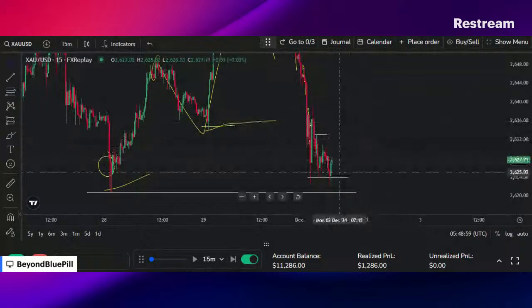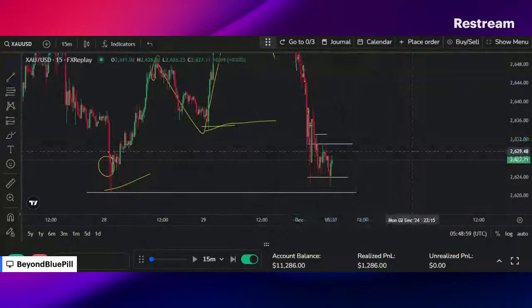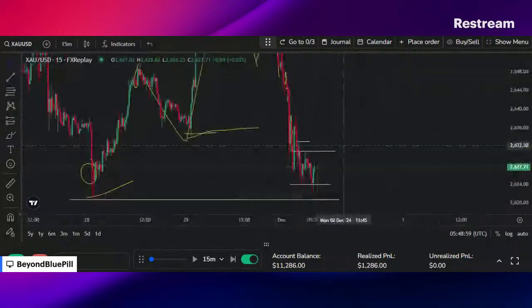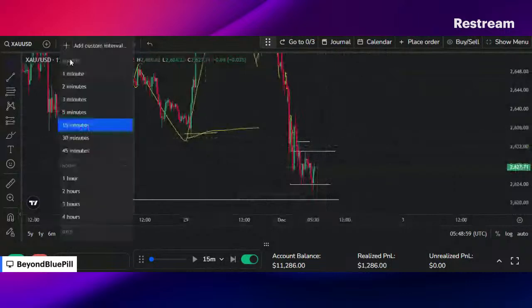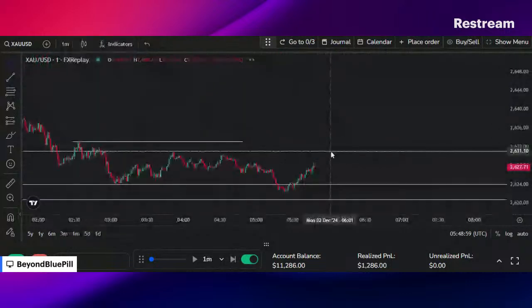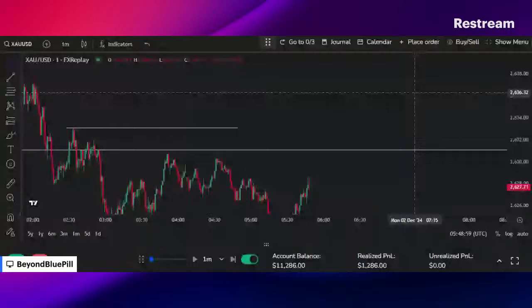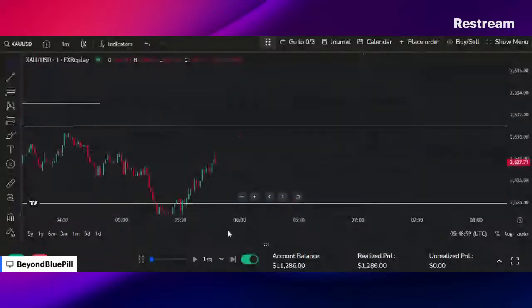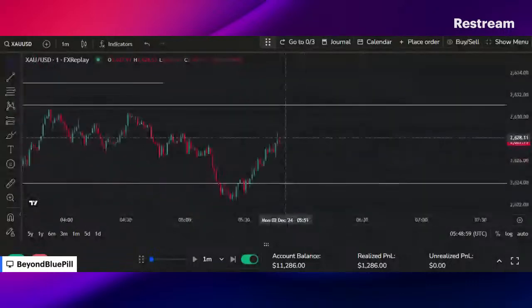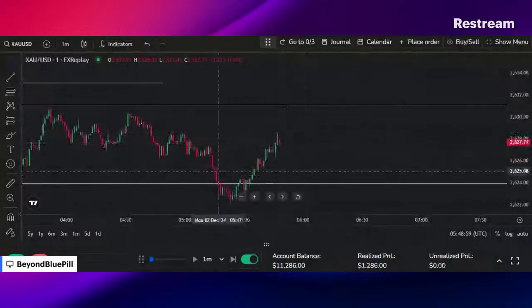Now we are expecting this low to go. That is something I want to use as my target. Now let's see what we have at 15, 1 minute, and then depending on that, I'll take a trade.